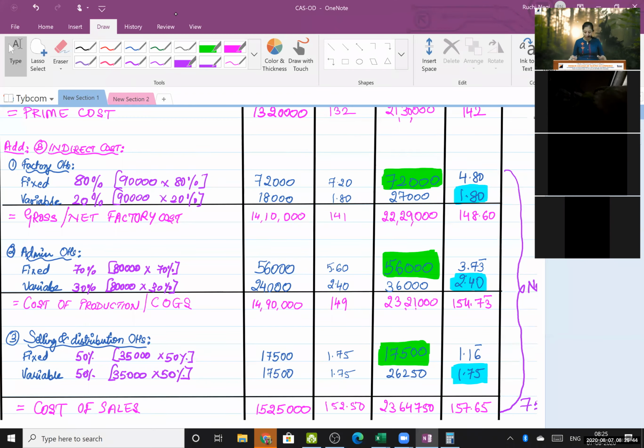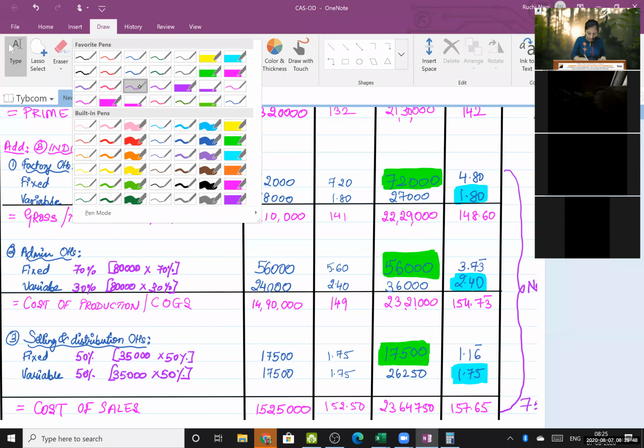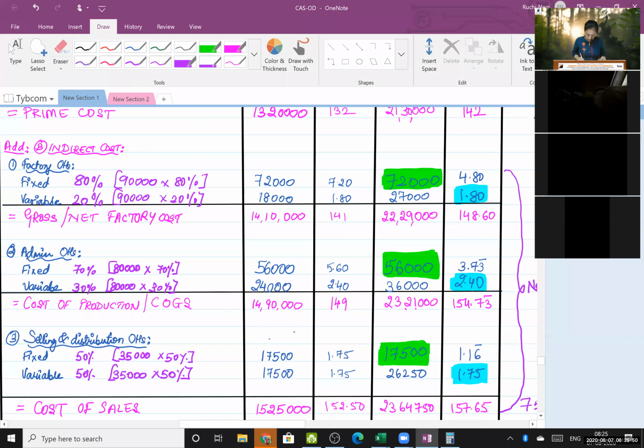Then selling and distribution, same logic. For the fixed cost, the amount column will remain the same, and for the variable cost, the CPU will remain the same.